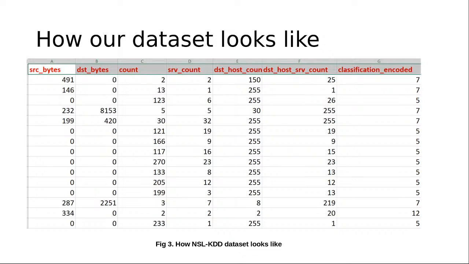Given a computer or device that has been compromised, more often than not, it will start sending a lot of information to the bot master, which controls all the bots that it has compromised.